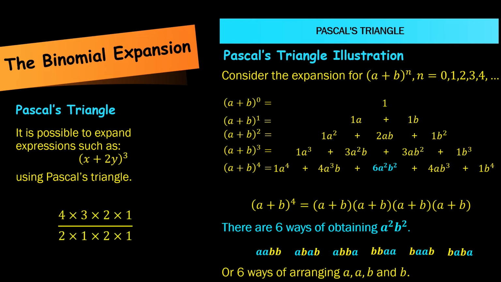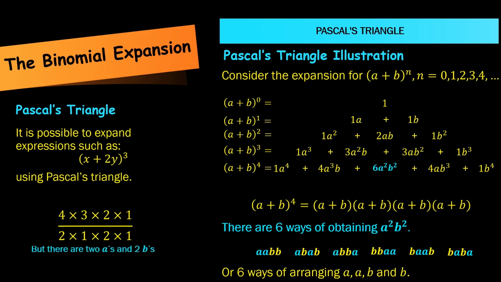Now let's have a look at the expression on the left-hand side of the screen again. How could we have obtained this directly, rather than expanding these brackets? The number of ways of arranging 4 different objects is 4 times 3 times 2 times 1.